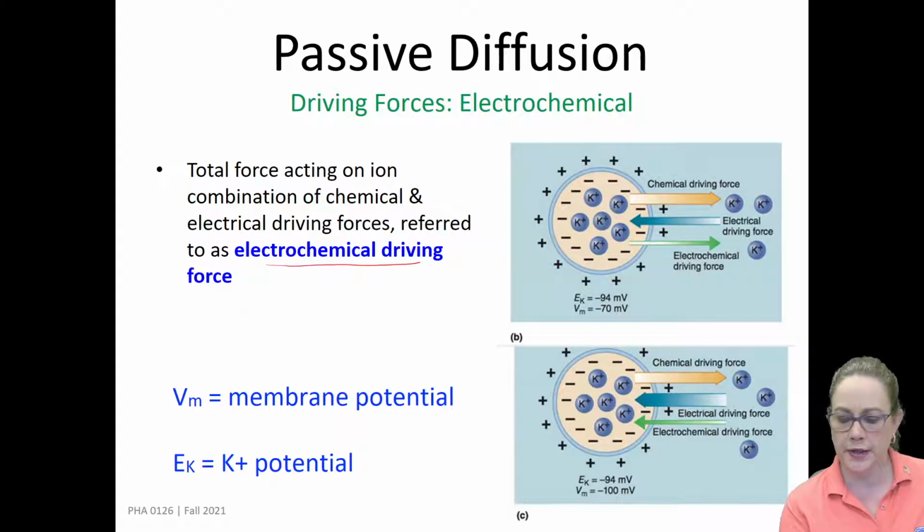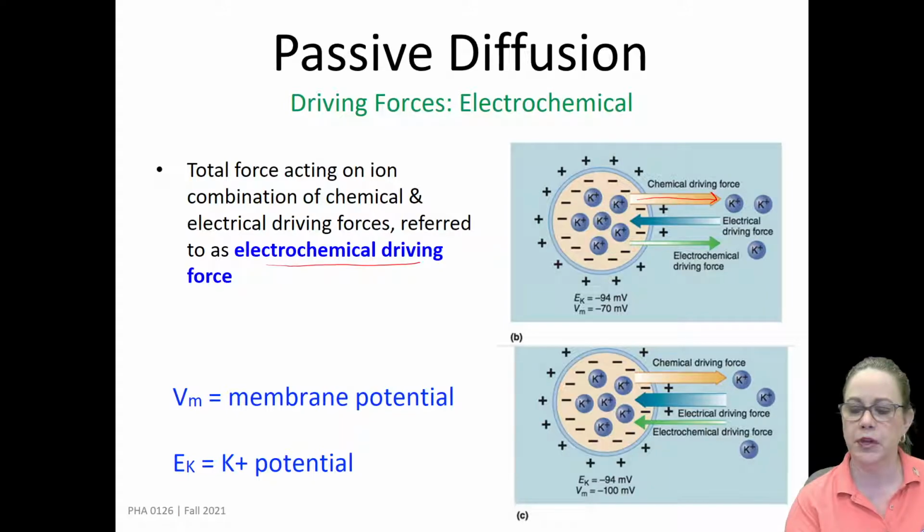with potassium, we have a chemical driving force moving potassium out of the cell. That's based on the concentration difference, where it has a high concentration inside and lower concentration outside. Our electrical driving force is just based on charge. Where the inside of the cell is negatively charged, something positive is going to want to move in.